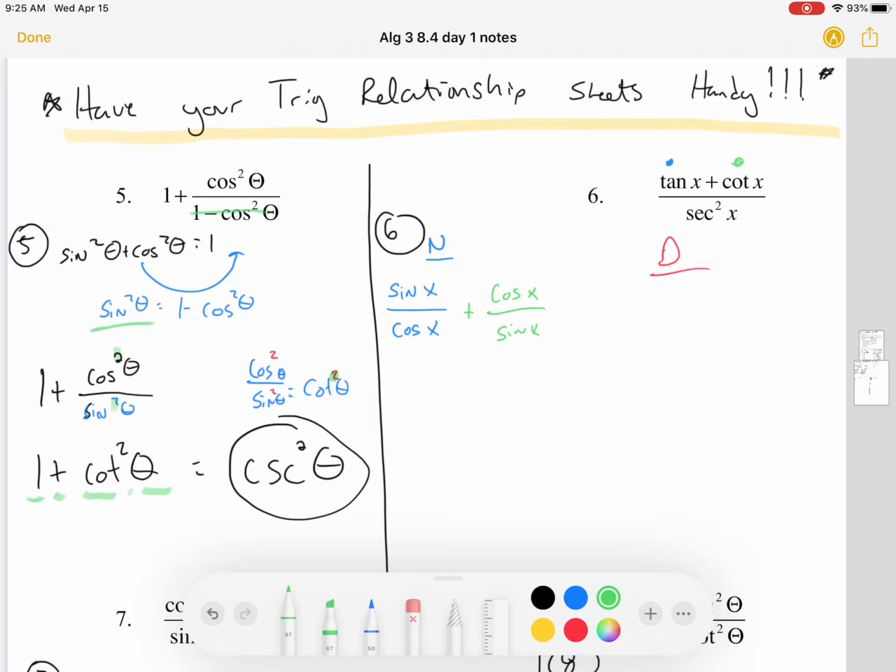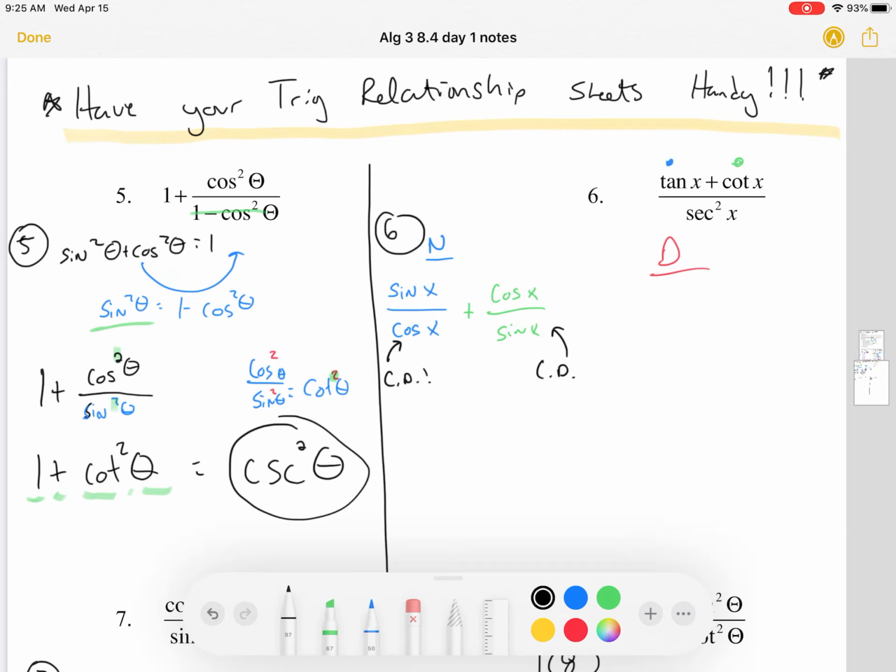So under my numerator column, when I have sine x over cosine x plus cosine x over sine of x, if I want to smush these two together, if I want to make that one fraction, what do I need to do? Well, you should be saying you need a common denominator. You need a common denominator for both sides. Well, the blue one has a denominator of cosine.